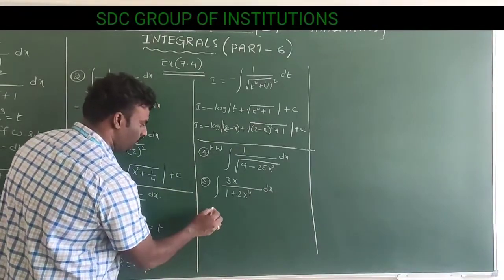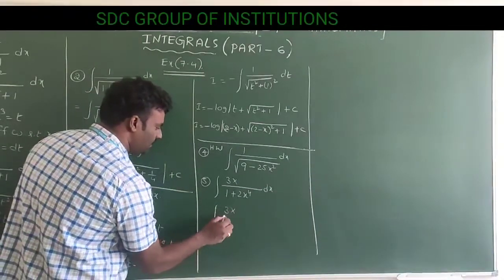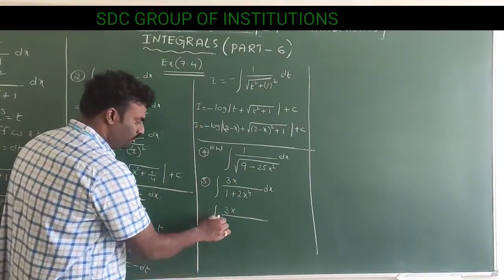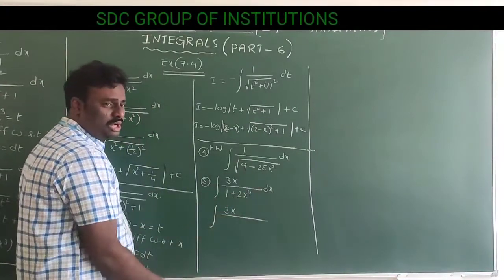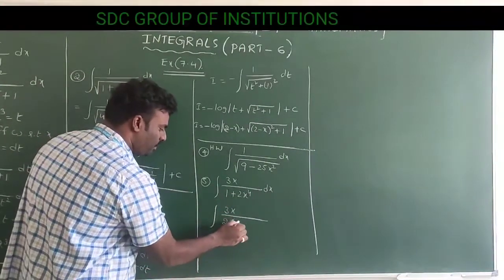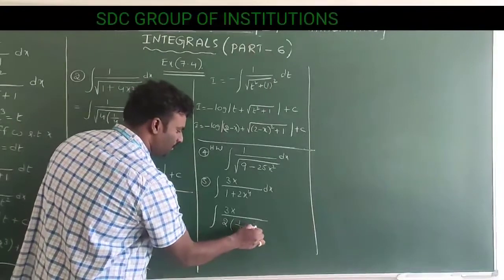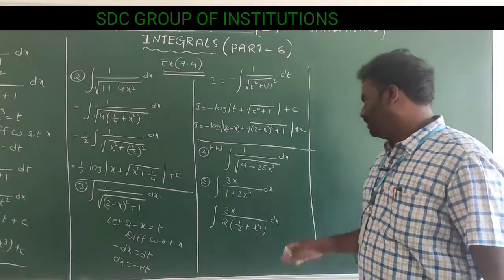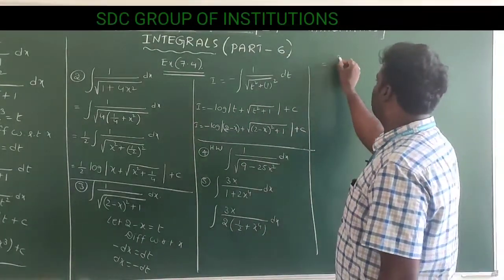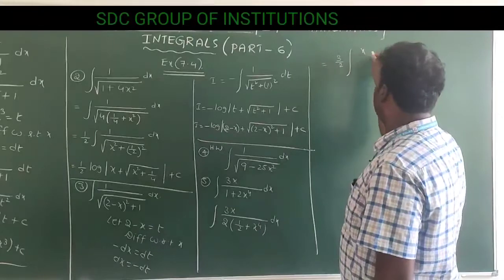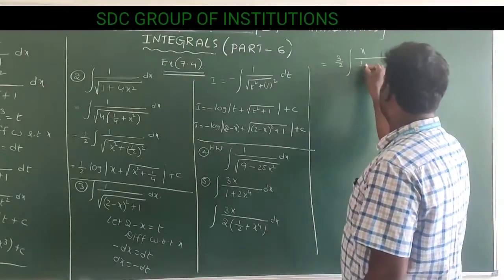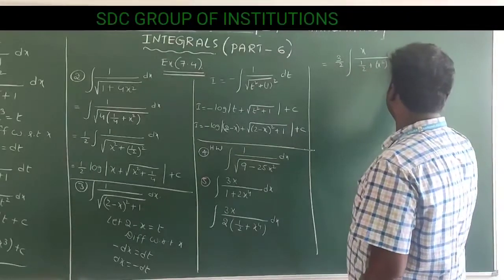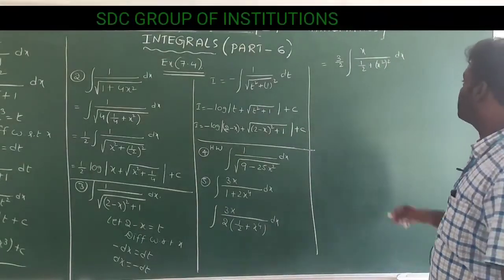Now we will get integral 3x by, here you take 2 common, 2 common I will take, 1 by 2 plus x power 4 dx. Now I can write 3 by 2 constant outside. X by 1 by 2 plus x power 4, which can be written with x square. Let x square equals t.